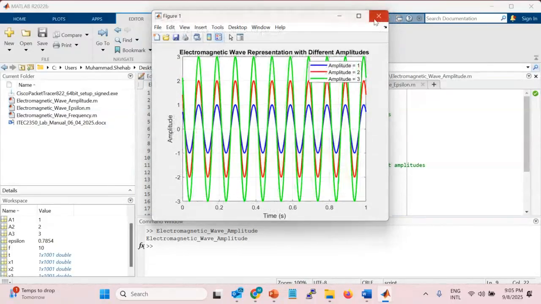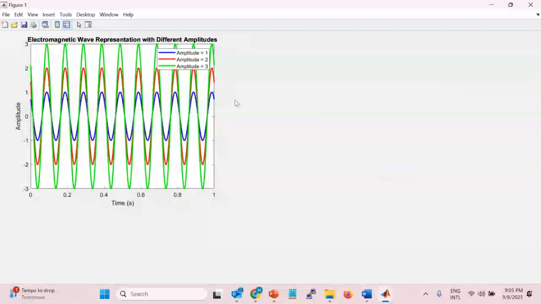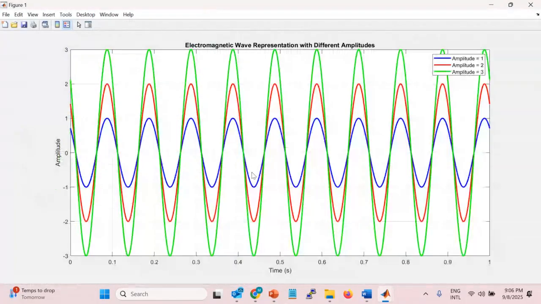And here you can see the signal for three electromagnetic waves. They have the same frequency but different amplitude. The smallest amplitude is for the blue wave, the second one is the red, and the highest amplitude is the green one.